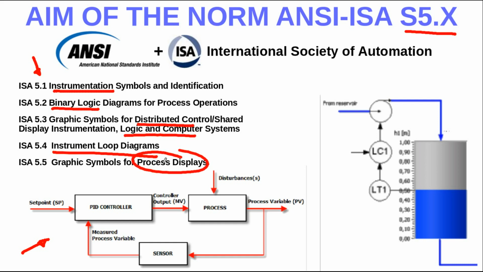So first of all, we're gonna have a look at this block diagram, and we're gonna check the equivalence of these two diagrams. So how can we translate this block diagram into this new standard diagram under the norm? As you can see here, we have the set point. The set point is the desired value for this process variable.